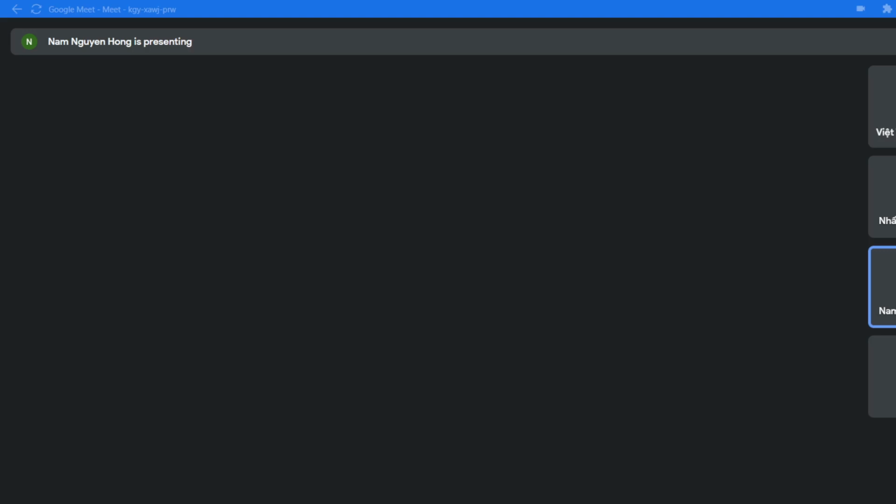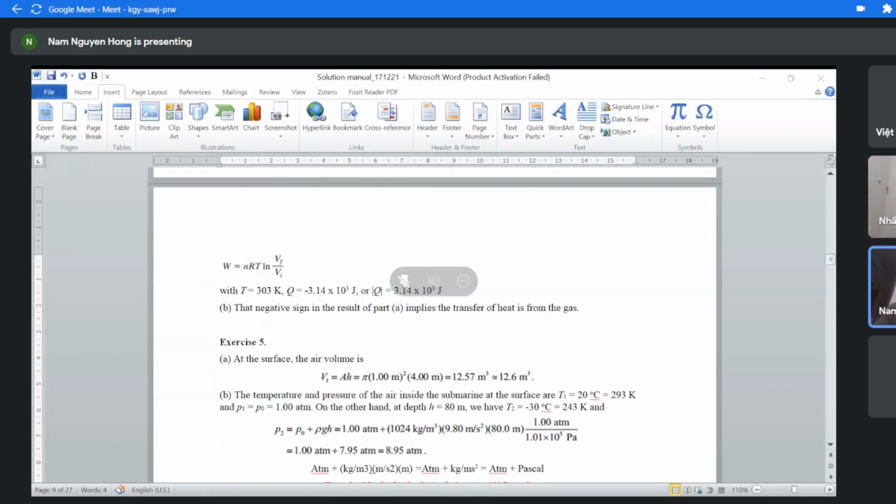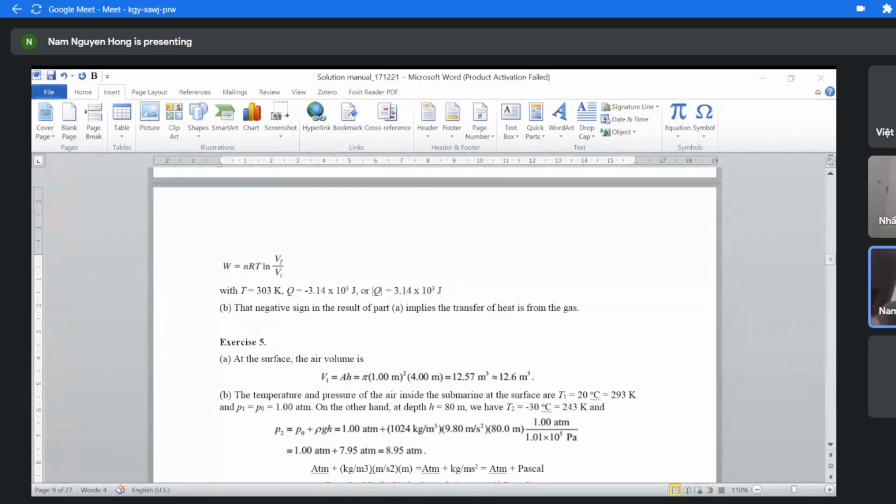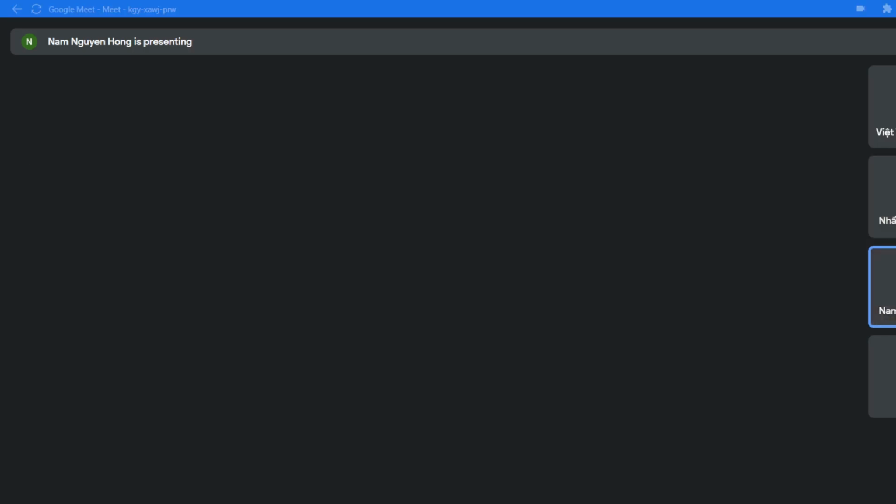We have a problem of submarine rescue. So we need to rescue people inside a submarine at depth 80 meters.